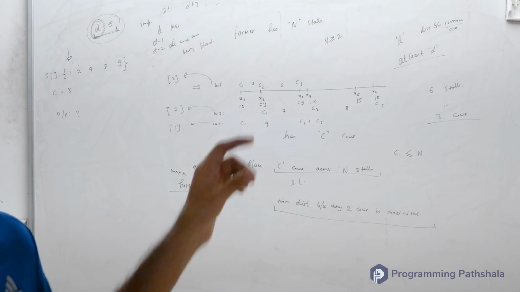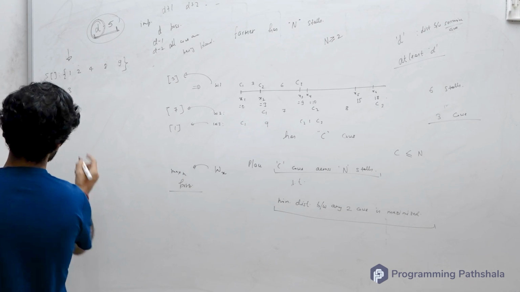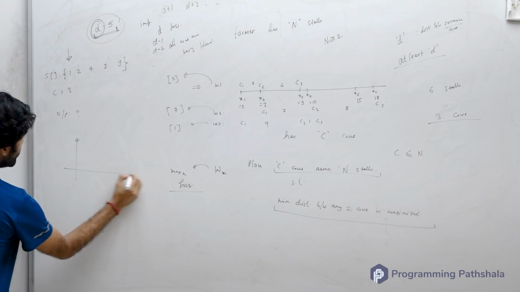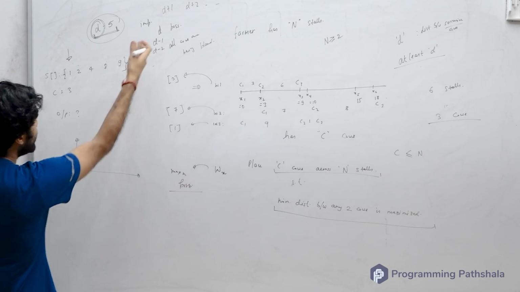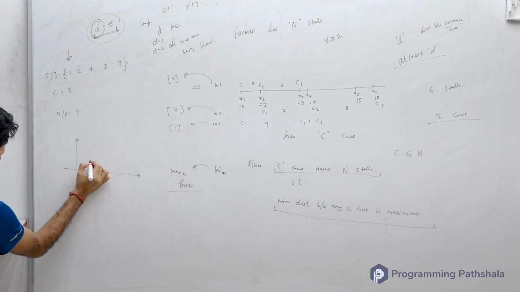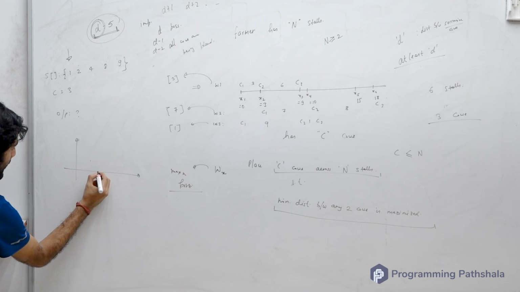So again, is this function not monotonic? Because whenever it becomes possible for me to place, I say 1, and whenever it becomes impossible, I say 0.